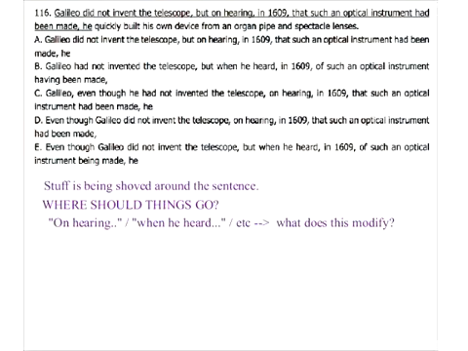Telescopes don't hear things. So it modifies the description of Galileo's invention of a device.